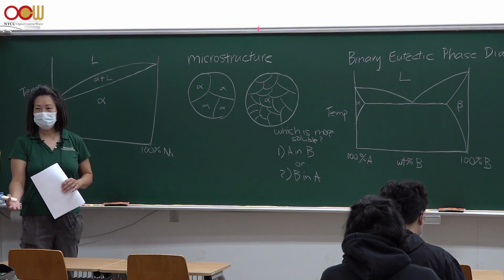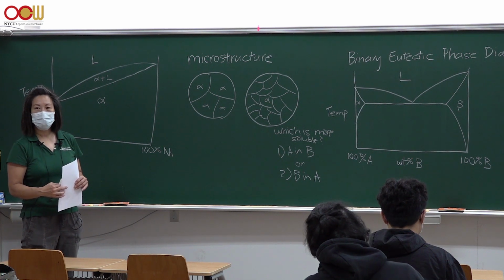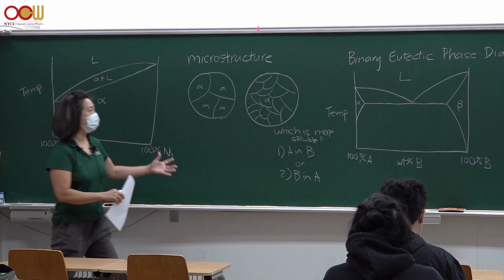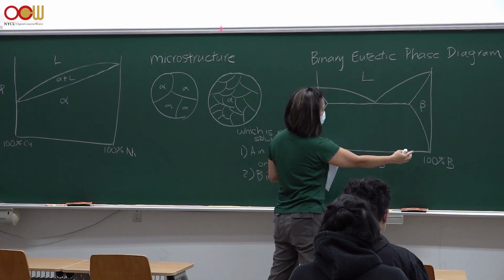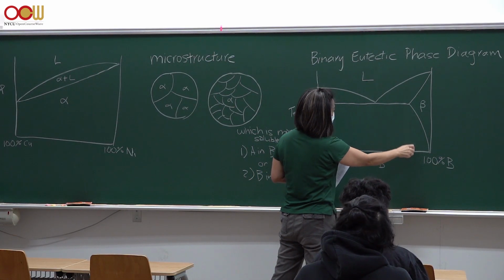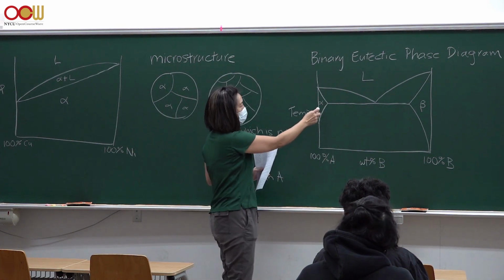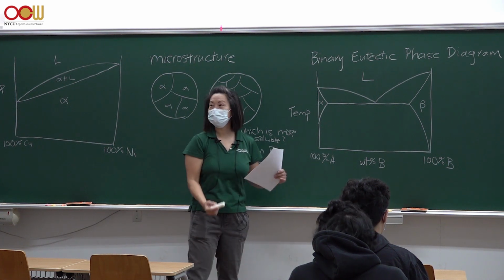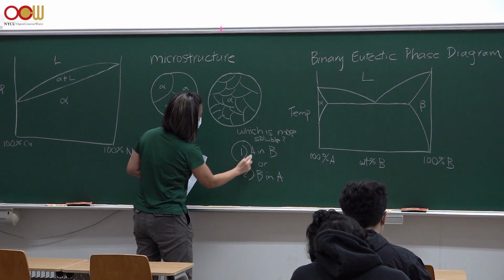A inside B, why do you say that? Because the area of beta is bigger. Right. So the area of beta is bigger. And so it looks like you could get higher concentrations of A inside B compared to B inside A, right? And still maintain the same crystal structure. So this is higher.